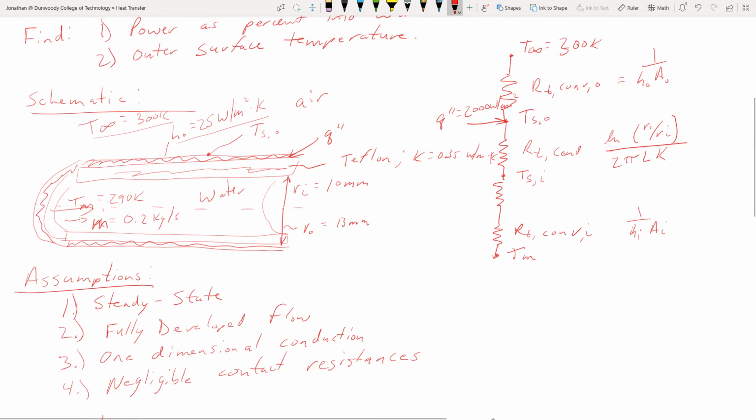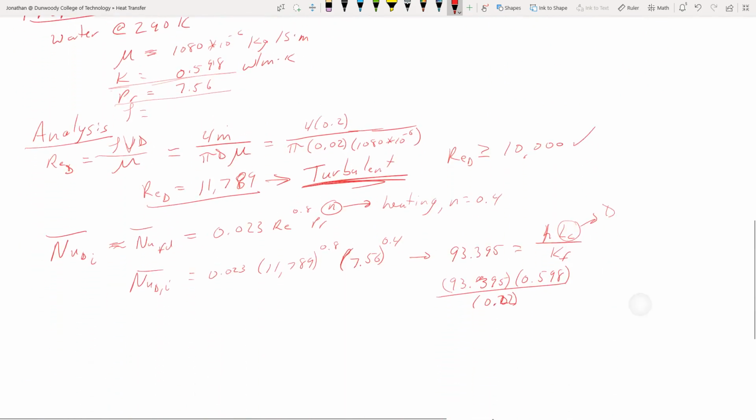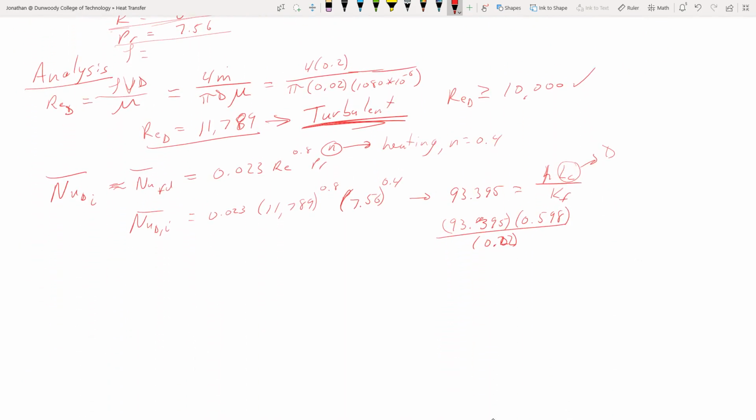We had 10 millimeters, so doubling that gets us 20 millimeters, 0.02, and so that is h_i average is going to be 2,782.5 watts per meter squared Kelvin. So that's h_i. Now we go back to our tape.